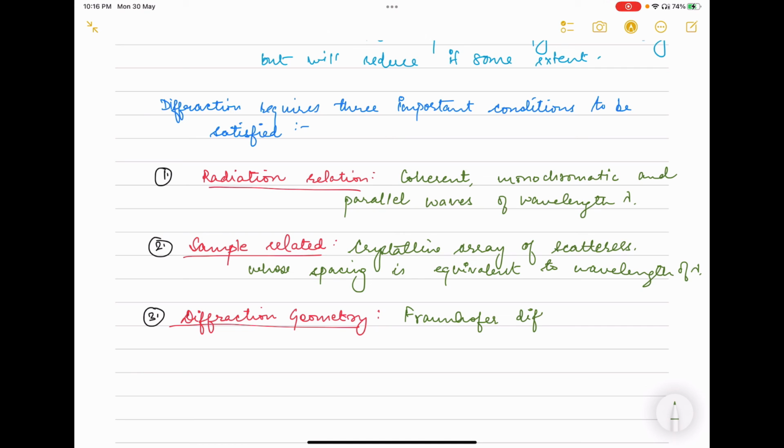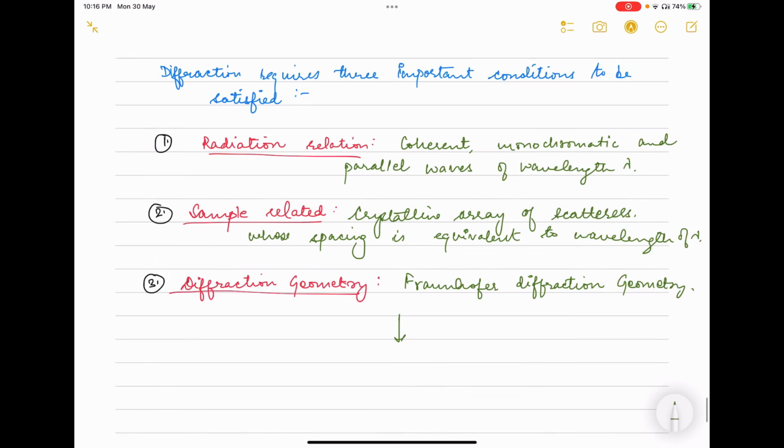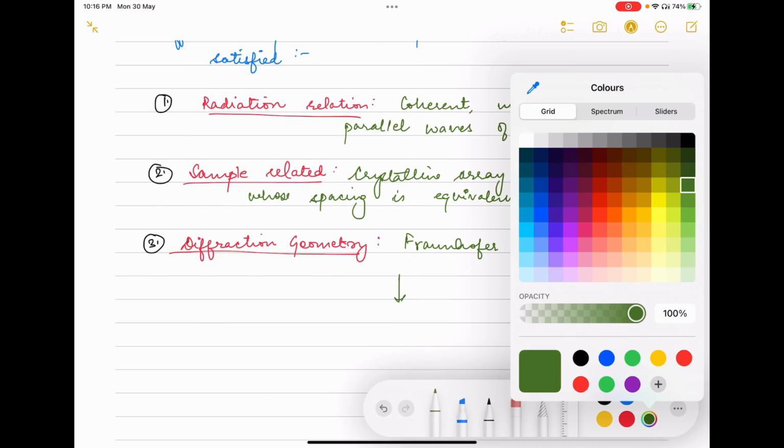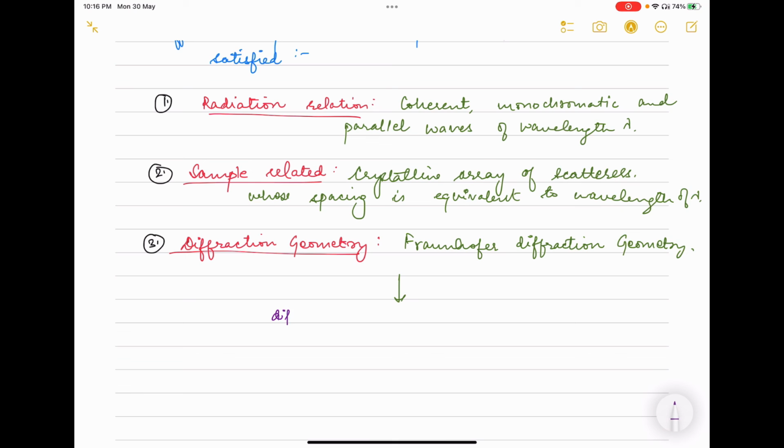These are the conditions that are important and need to be satisfied for diffraction to take place. If these are satisfied, we get diffraction patterns with sharp peaks.